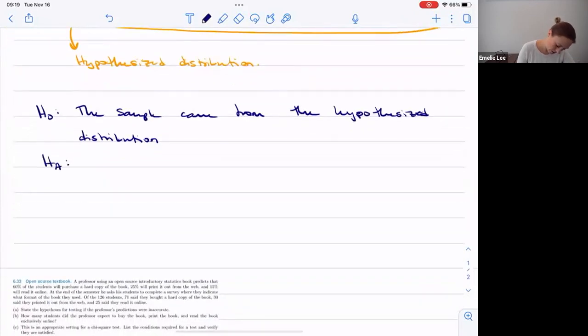And the alternative hypothesis is that the sample did not come from the hypothesized distribution, right?